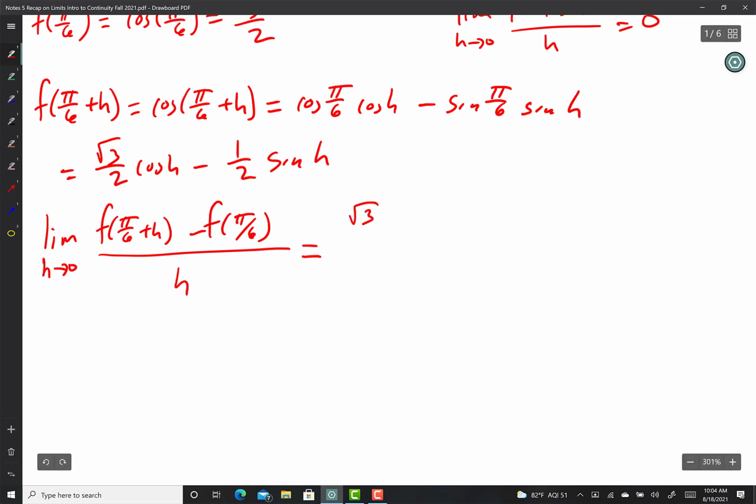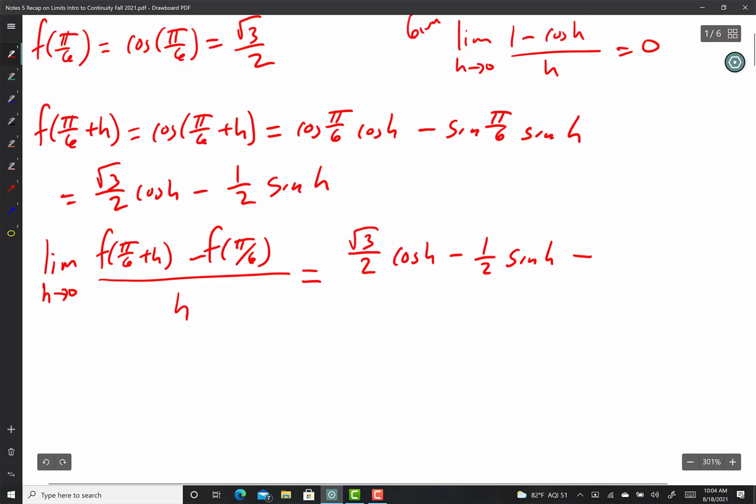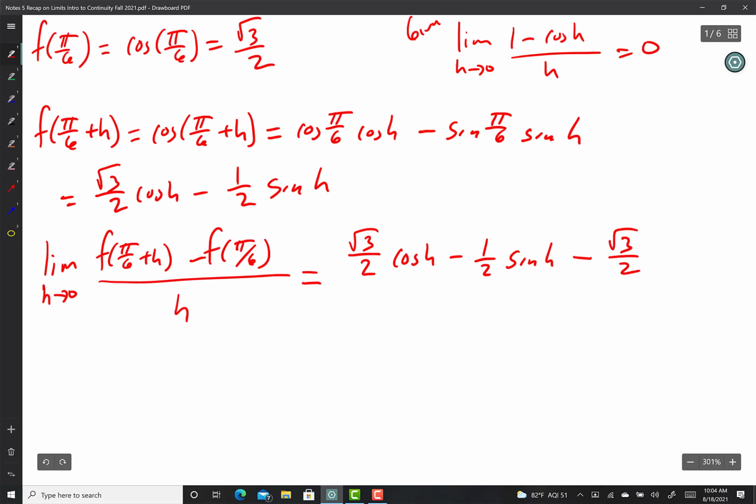So square root of 3 over 2 cosine h minus 1/2 sine h. That's what f of pi over 6 plus h is. Minus square root of 3 over 2. All this is over h. And there's a limit in front of that equal sign that I didn't write.